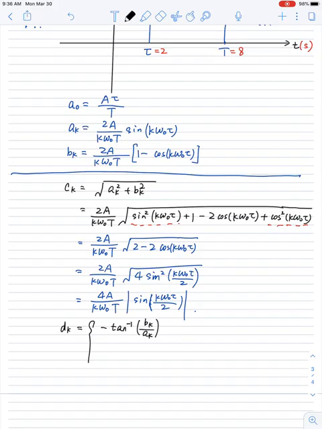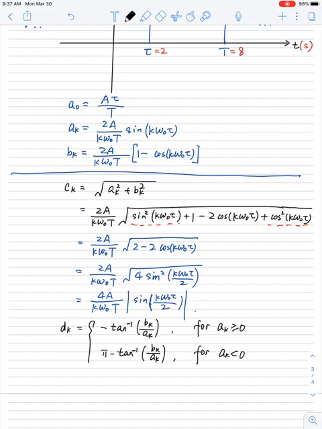Now for the second case, or the condition for the first case is that ak should be no smaller than 0. And for the second case, it is equal to pi minus arctangent bk divided by ak. So this holds for the case of ak that is smaller than 0.